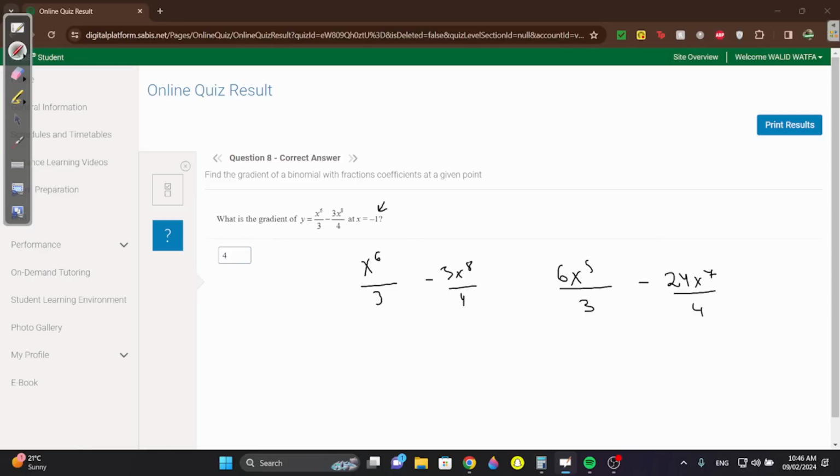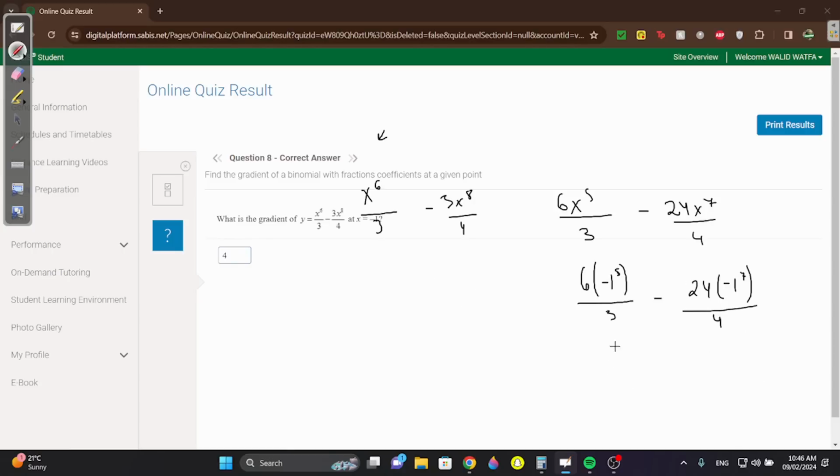They're saying at x equals negative 1, right? x equals negative 1. So 6 times negative 1 to the power of 5 over 3 minus 24 times negative 1 to the power of 7 over 4. You can do this on a calculator, but I'm just going to do it here because I don't have a calculator beside me now. 6 times negative 1 to the power 5 is negative 6 because it's an odd exponent, it stays negative.